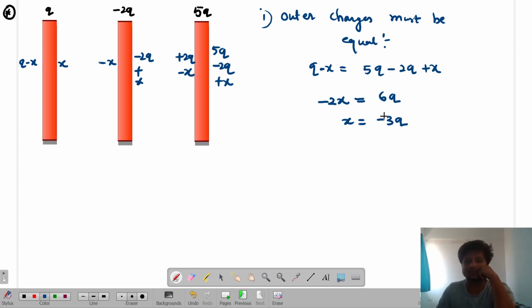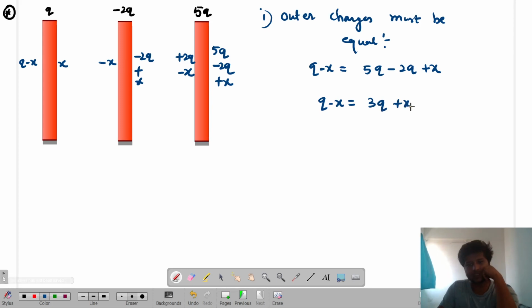So this is 3Q plus x. This one will become minus 2x is equal to 2Q, isn't it? So x is equal to minus Q. Is that clear?